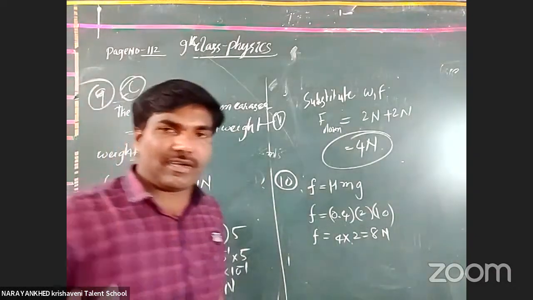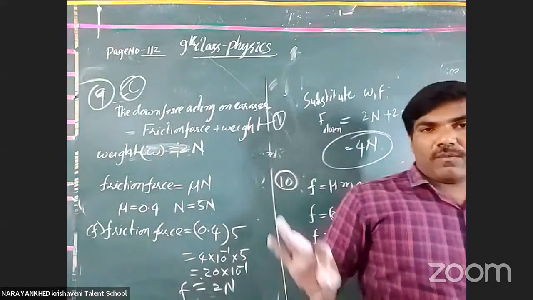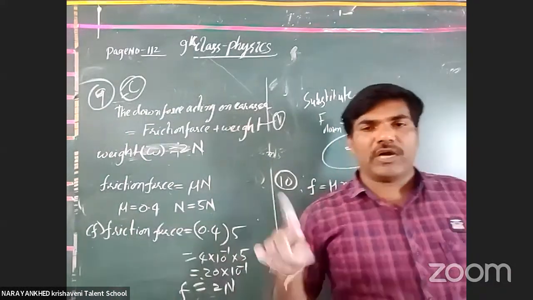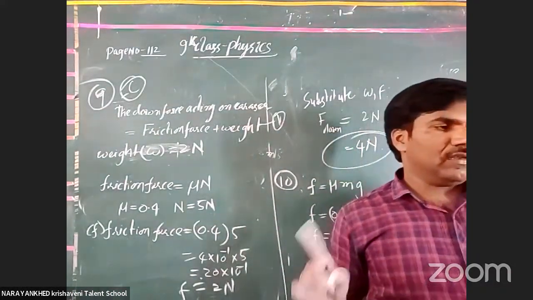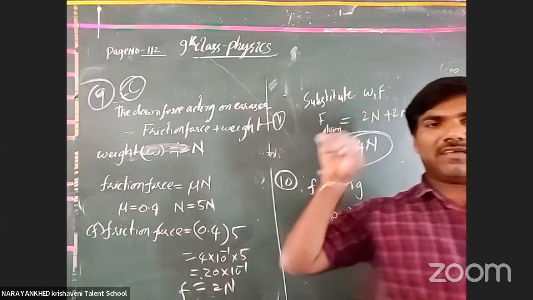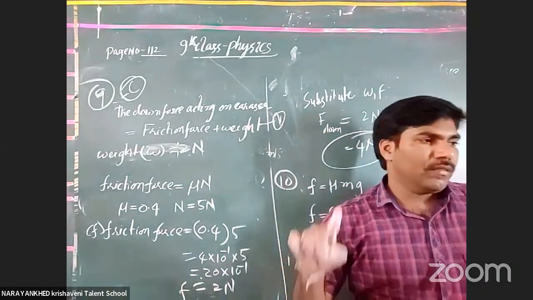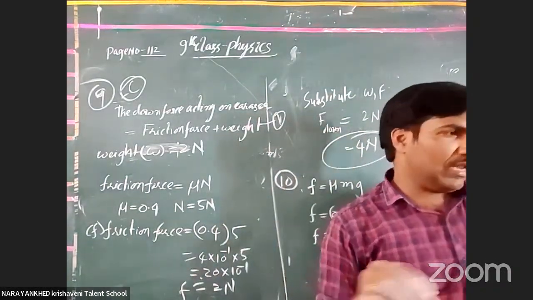All the students listen carefully. According to this problem, the applied force is how much? 2.8 newtons only. The friction force f is always less than or equal to the applied force. Clear or not?